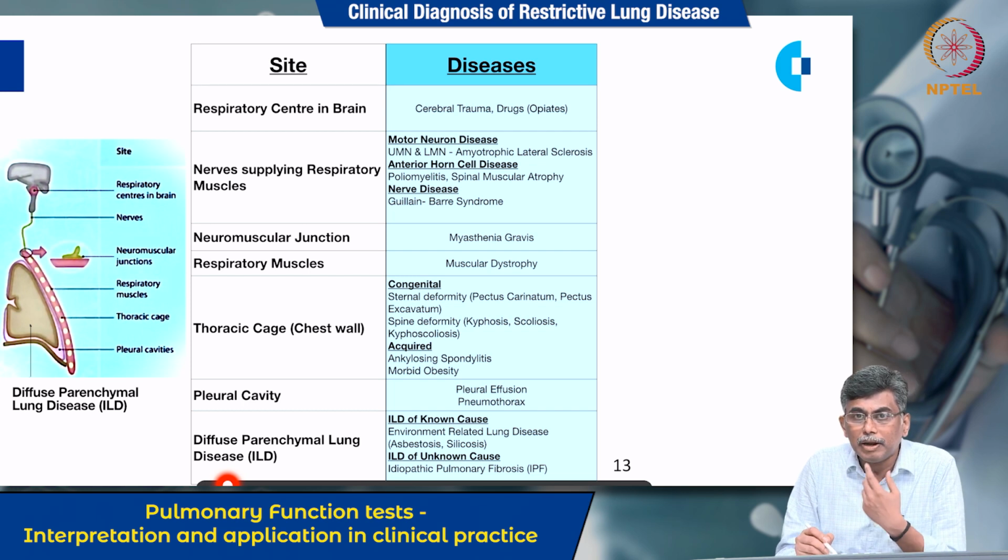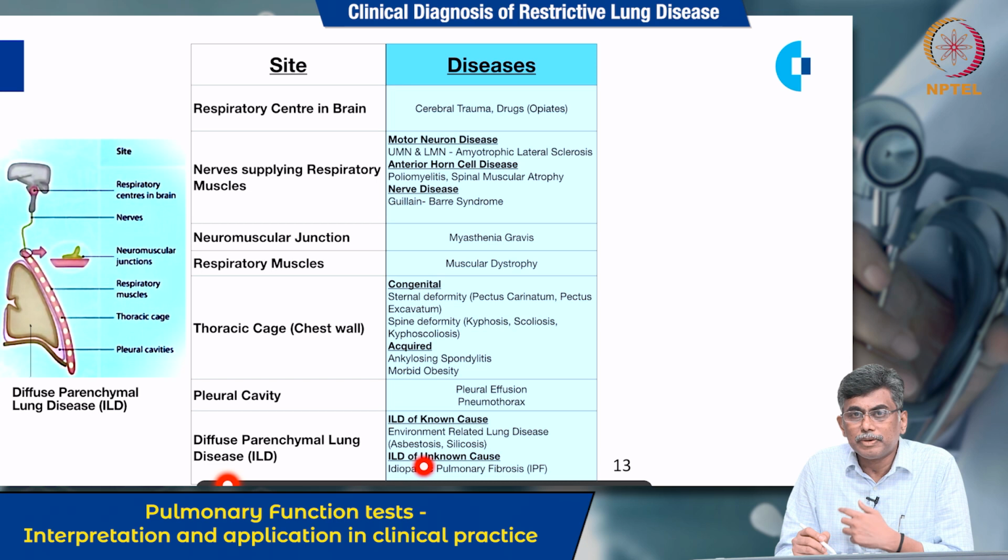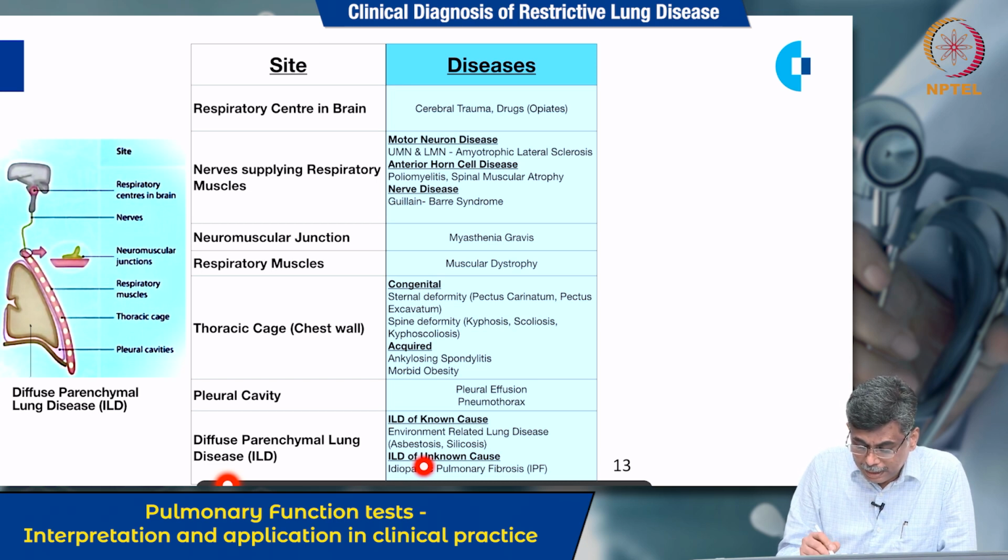It could be inorganic materials like asbestos, silicosis, or exposure to organic materials which causes hypersensitivity pneumonitis. The second category is ILD of unknown cause, where the most common disease is idiopathic pulmonary fibrosis.